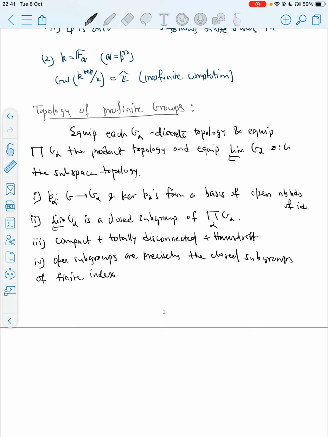So what does it say? Any open subgroup should have finite index and should be closed.